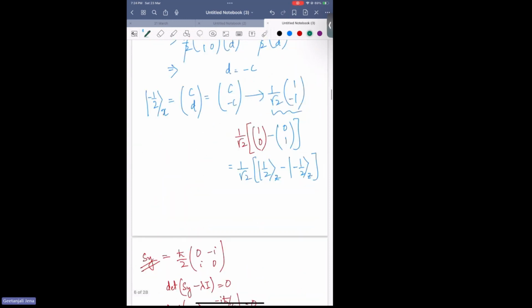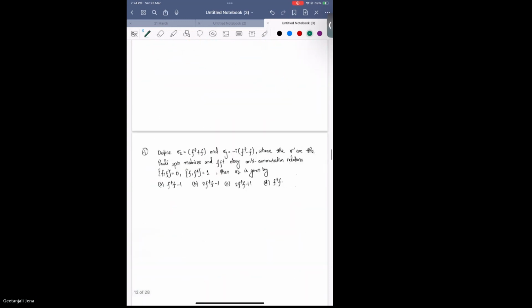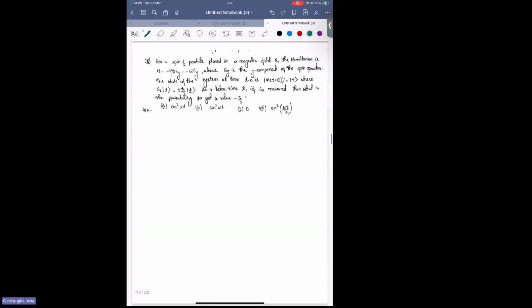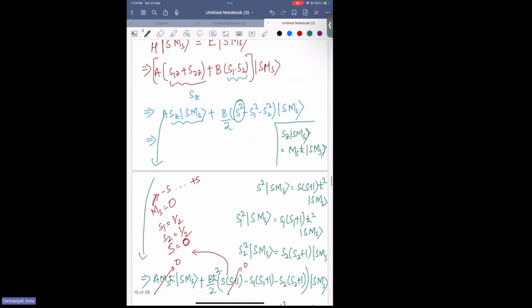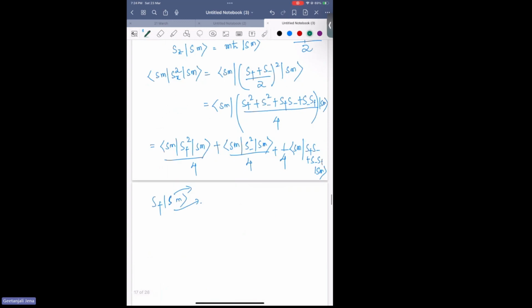So let us see what value we will get. When S plus square acts on Sm, it will change the state to M plus 2, right? So that means this inner product will be 0.